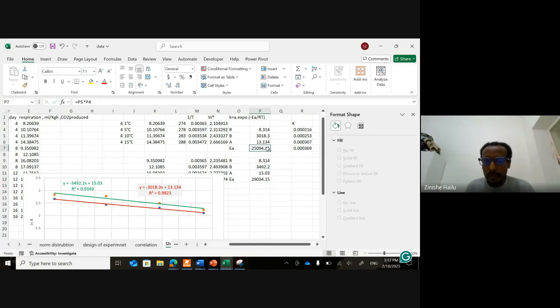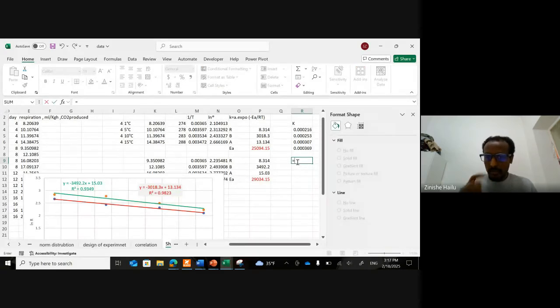You can also evaluate how the energy increases with time, this is 25, this is 29, it increases. And the reaction constant, we can also similarly compute.